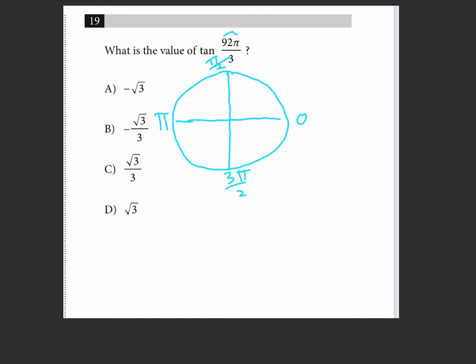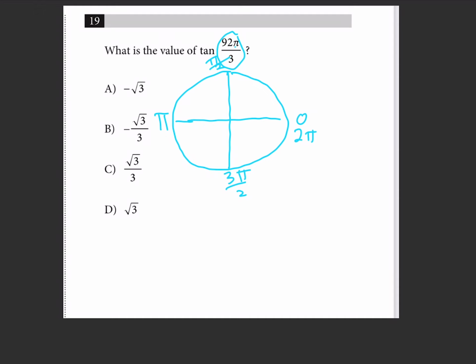Well, this is a crazy number, 92 pi over 3. So actually every trip around once is 2 pi, right? This is way above 2 pi. It's more than one revolution. It's a lot of revolutions. When you have these, you want to see how many revolutions you can go around, and then how much you have left over.